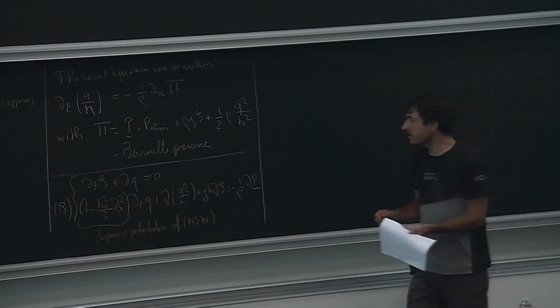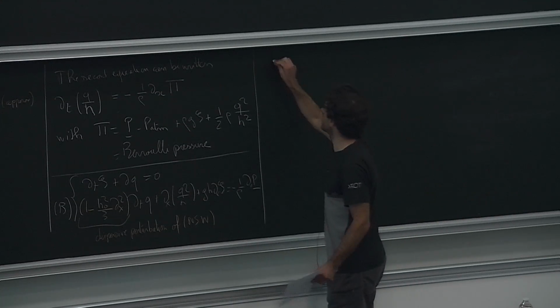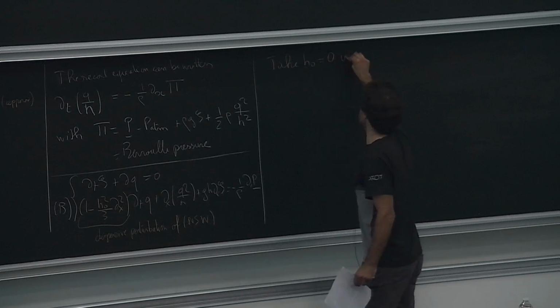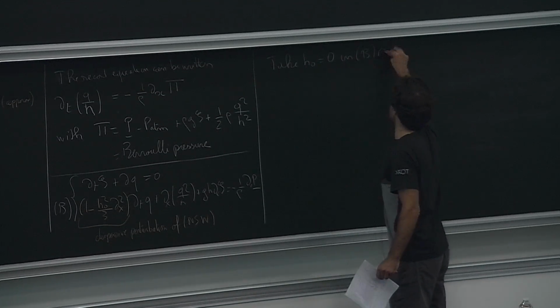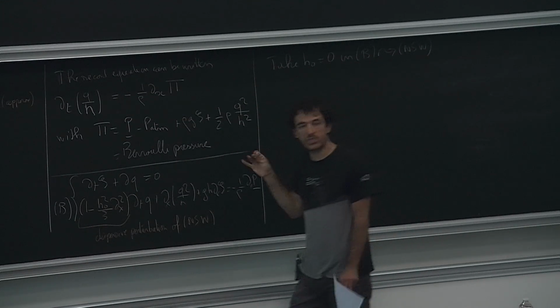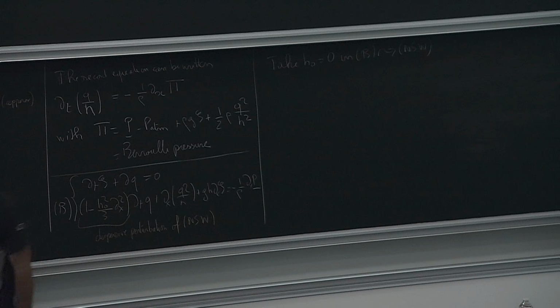In particular, if you take H0 equal to 0 in the Boussinesq model, then you end up with the shallow water equation. So when I want to say something holds for both models, I will use the Boussinesq equation, and you take H equal to 0 to have what happens for the shallow water equation.